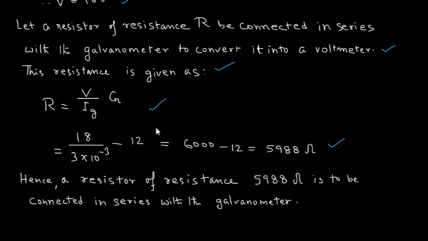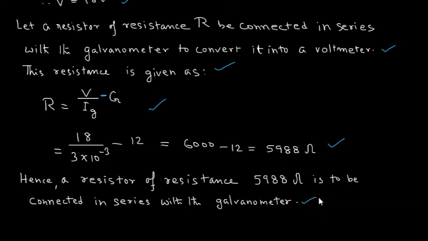So upon solving, we get 5988 ohm. Hence, a resistor of resistance 5988 ohm is to be connected in series with the galvanometer. Let us see the next problem.